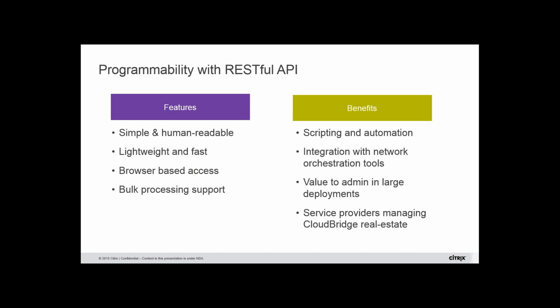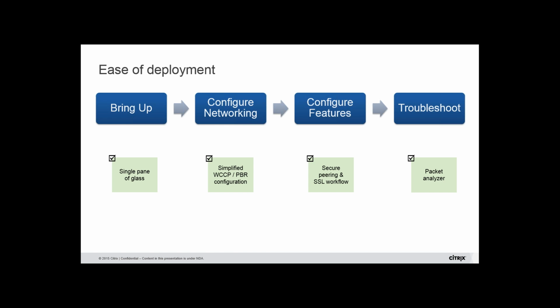And what you can do here is, once you start working with the RESTful APIs, first thing to do really is to learn how to use them, and you can do that by browser-based access. And once you have figured out the right set of APIs, you can push out commands as a batch for a set of CloudBridge appliances.